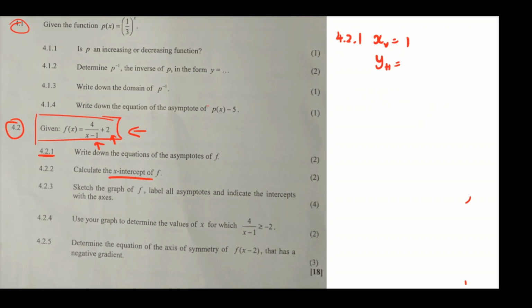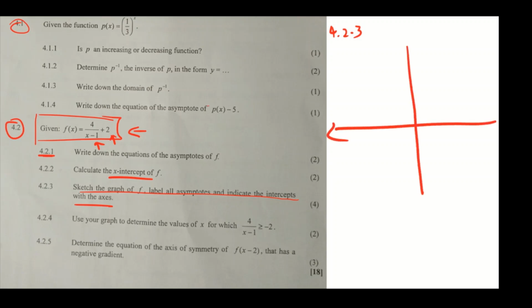Anyways, so now we're going to do 4.2.3. We also sketch the function indicating all asymptotes and intercepts, right? So to sketch a hyperbola, you need to note the following. We look at the equation, y equals 4 over x minus 1 plus 2, right? So this is the a value. It tells you where the function is.